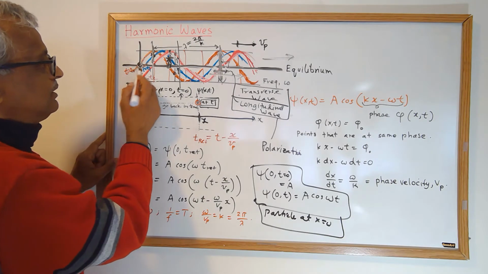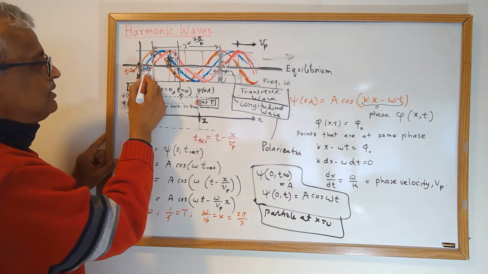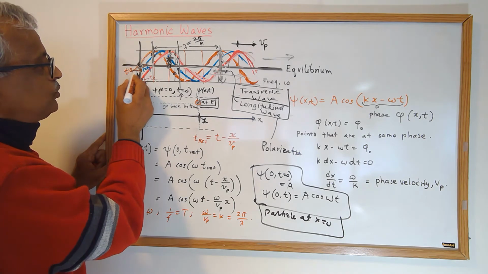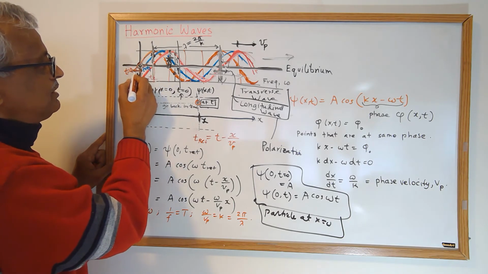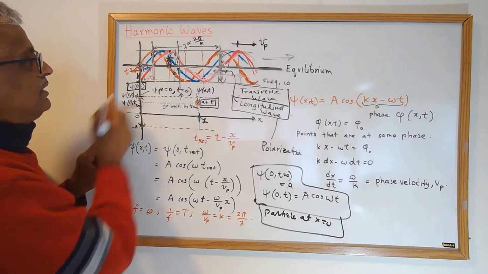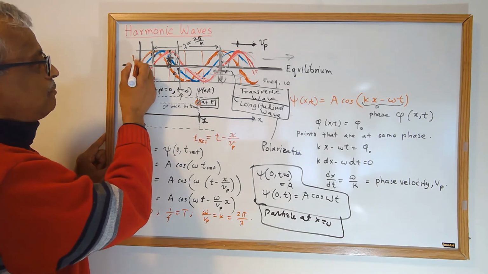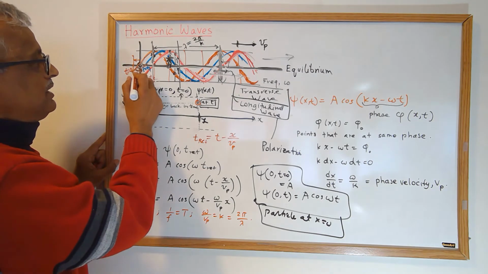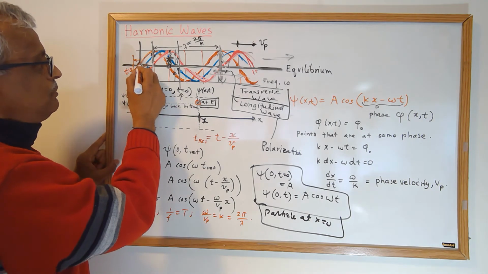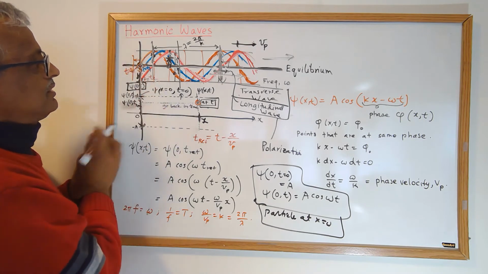The value happened at t equals t1, but that value was actually in the wave a little bit earlier, right? This is a little bit earlier in space. A little bit later in time is a little bit earlier in space.